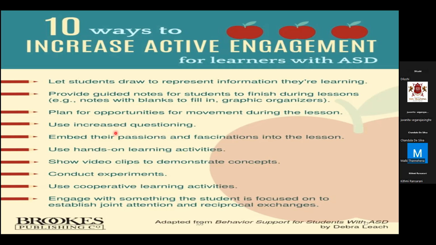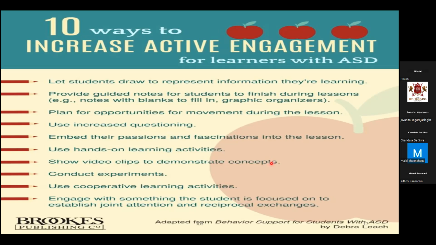Questioning, brainstorming, increased questioning, brainstorming sessions. Hands-on activities like working on the computer, playing computer games, carpentry, agriculture, making them involved in those kinds of activities.